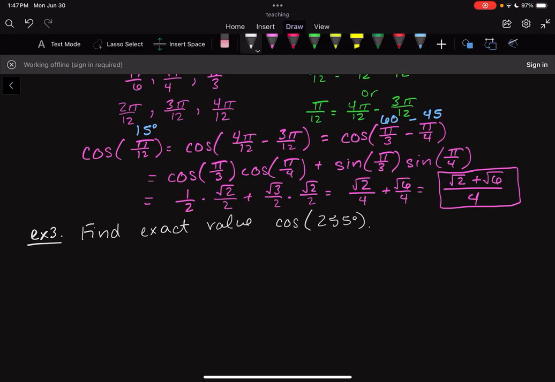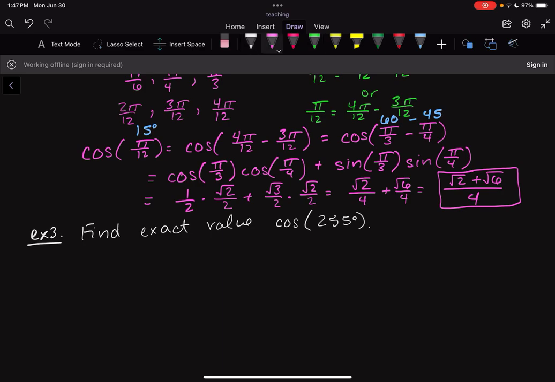So what we want to do is find two angles that lie on our unit circle that we already know, meaning they have a reference of 30, 45, or 60, to try to get to 255.